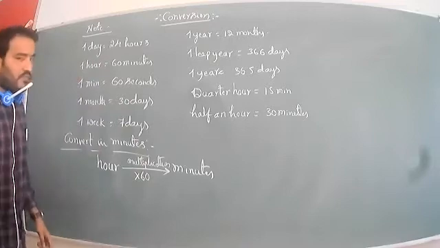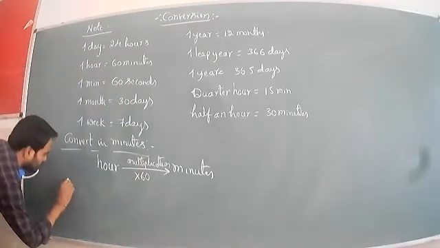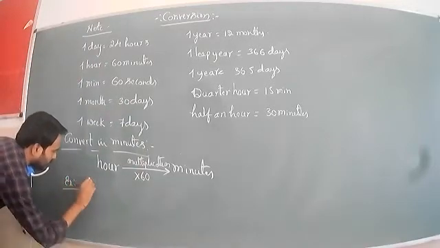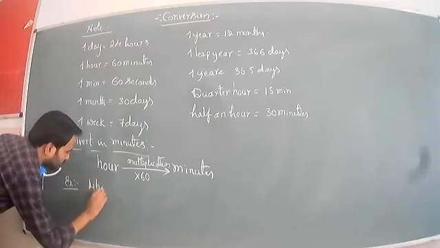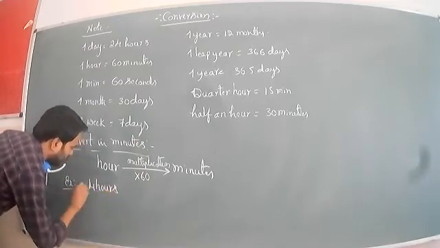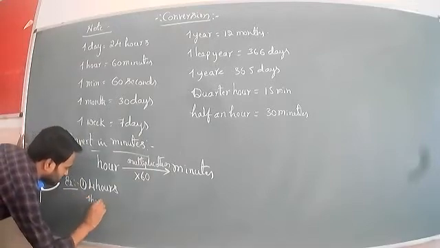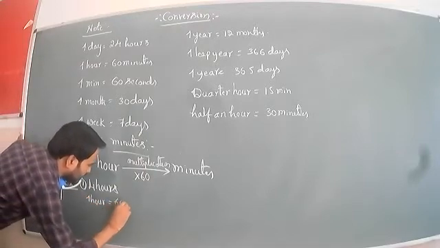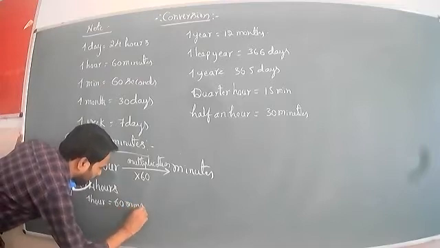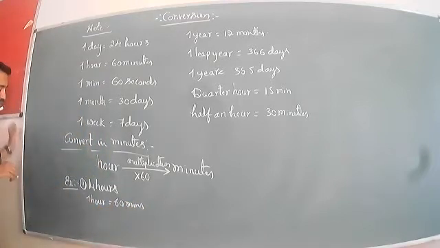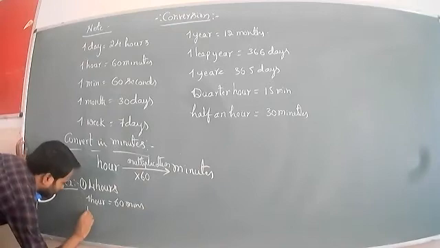Okay, let us solve one problem. Example one: 4 hours. We know that 1 hour equals 60 minutes. Let us find out 4 hours.